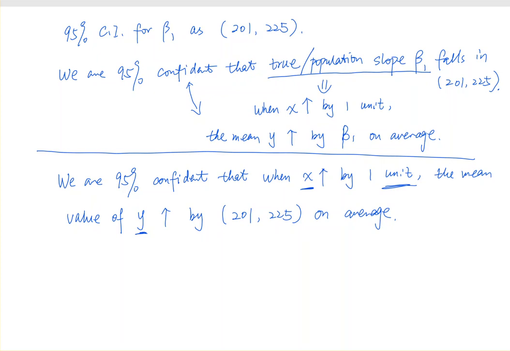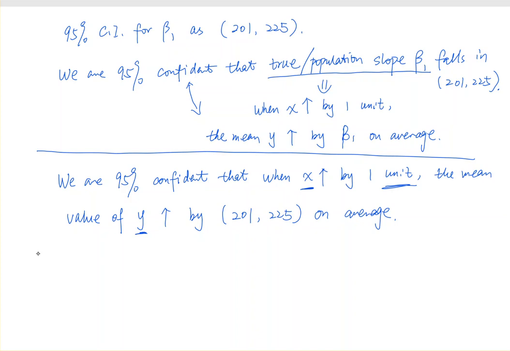So we say we are 95% confident that when the sale price increases by $1, the mean value of the number of packs of beers sold in the store will increase by these many packs on average.